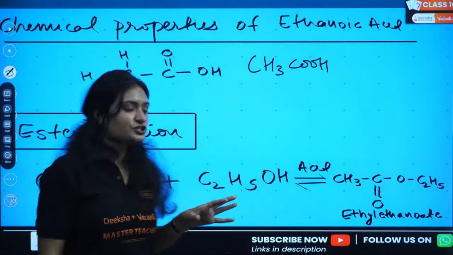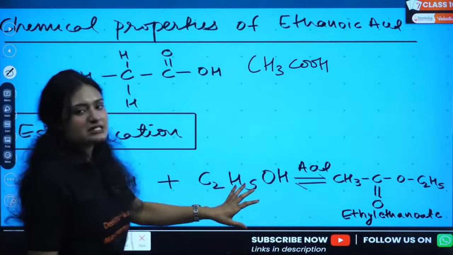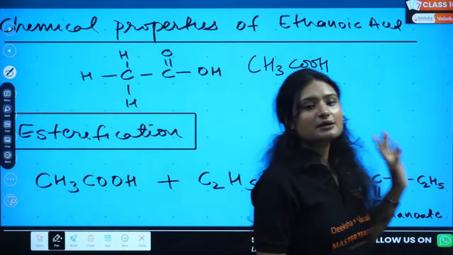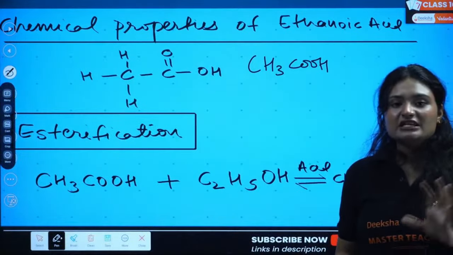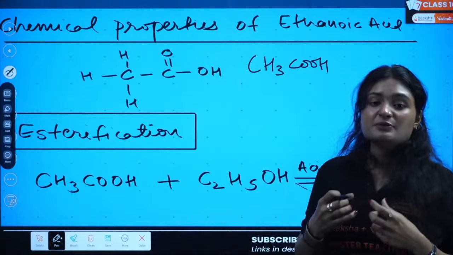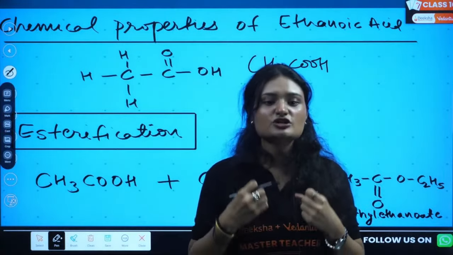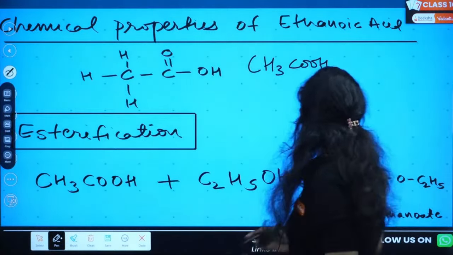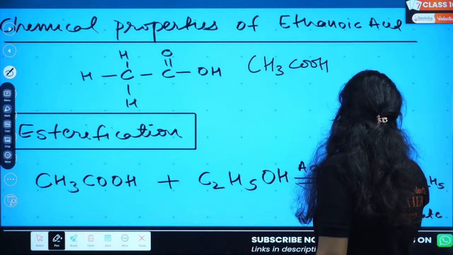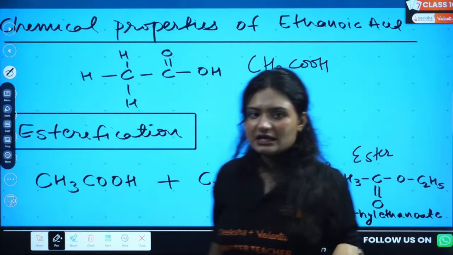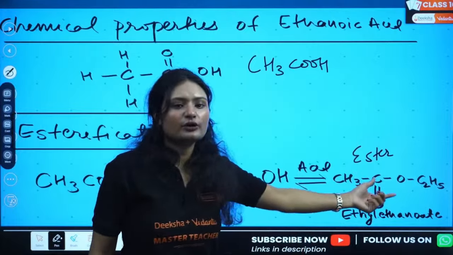So what is esterification? When ethanol and ethanoic acid react in the presence of an acidic medium, we get an ester. When ethanol and ethanoic acid combine, we get ethyl ethanoate.